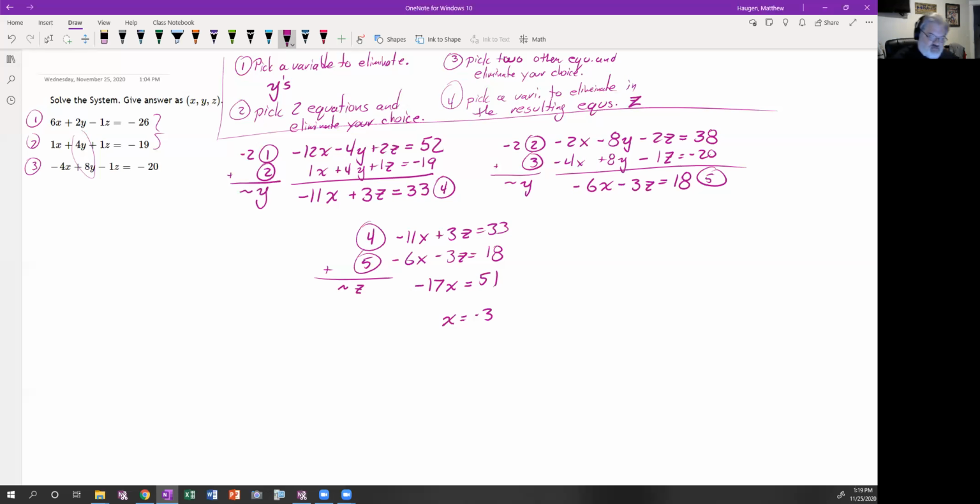So does that mean we're done? Yeah. We got to find z and y, but we can just back this problem up, right? We could either redo 4 and 5 to get rid of the x instead and have z, or just use good old back substitution.